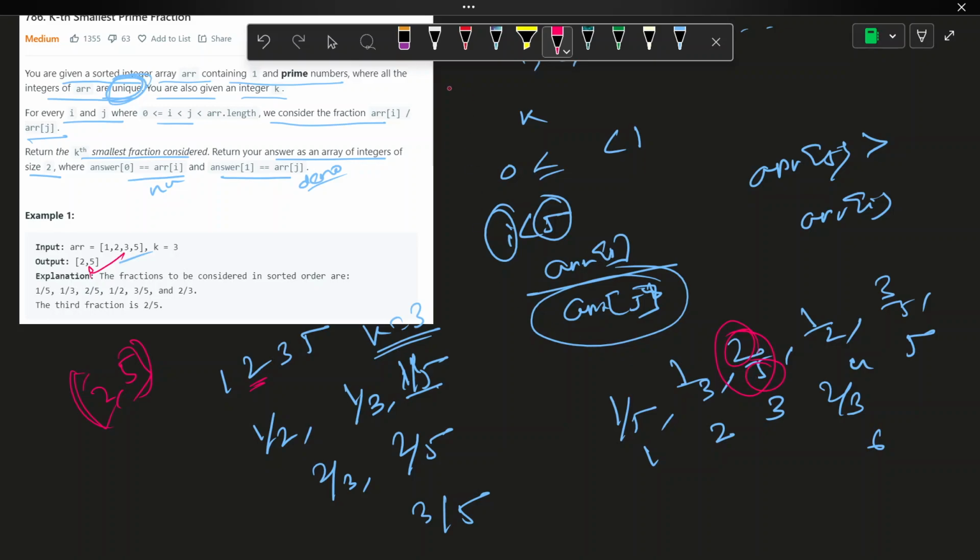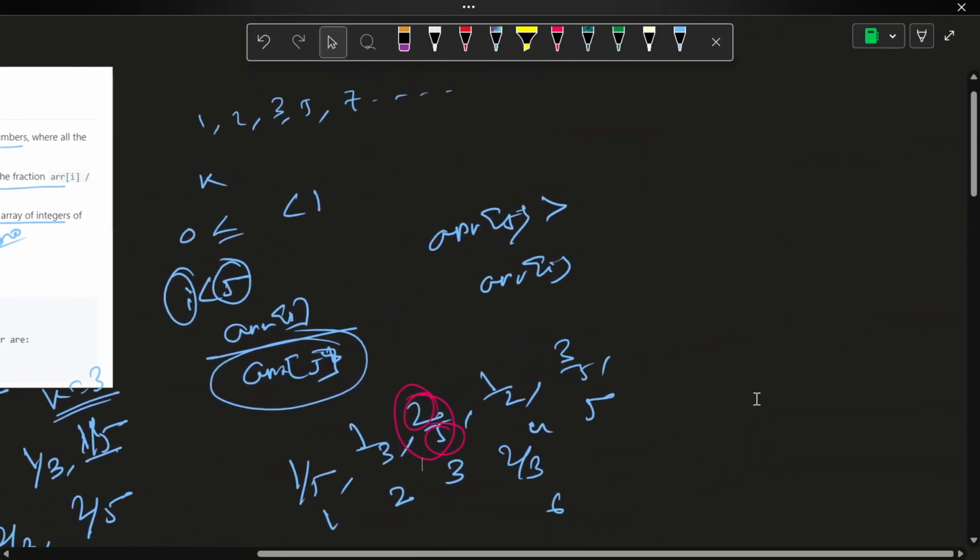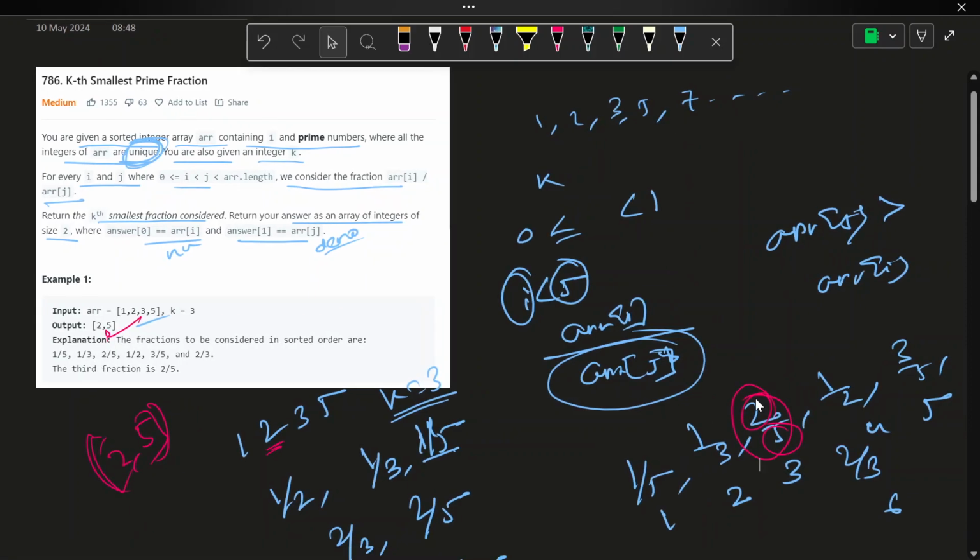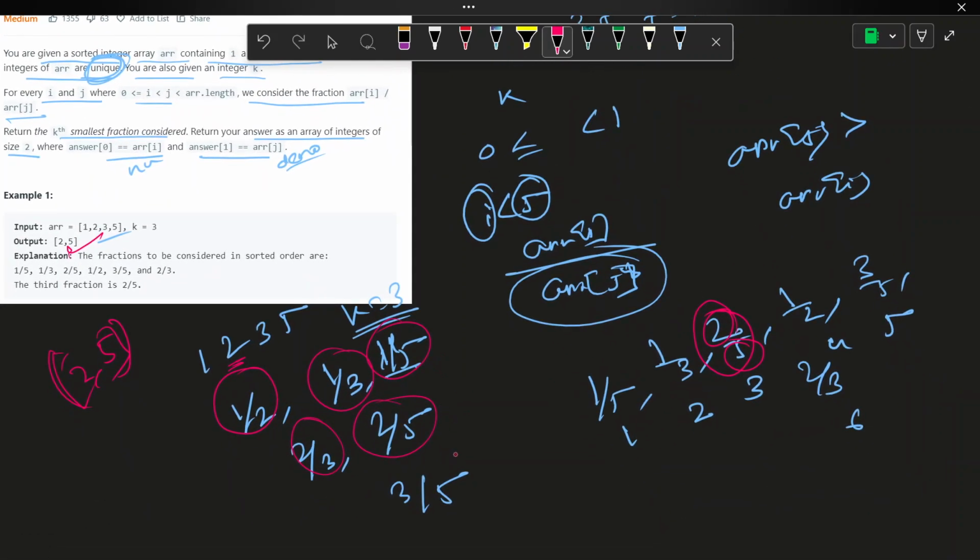Got it, right? So here, if I use a priority queue, I have to find all those possible fractions and find the kth smallest.